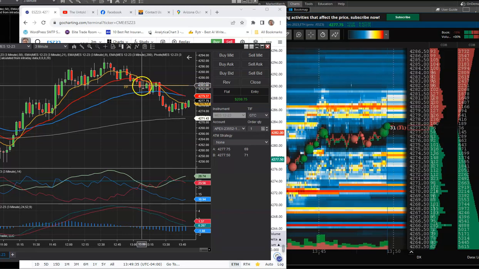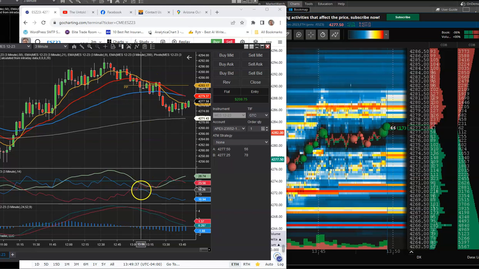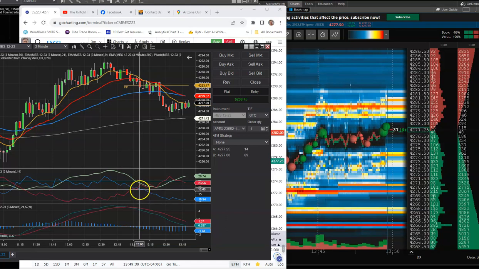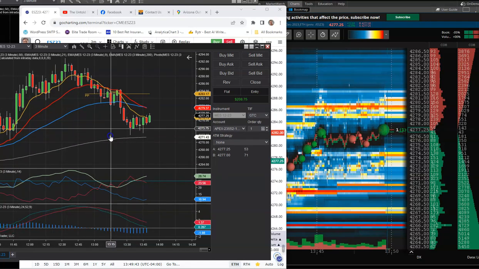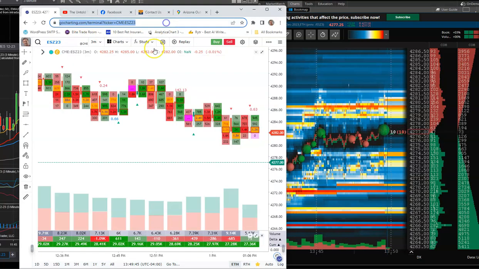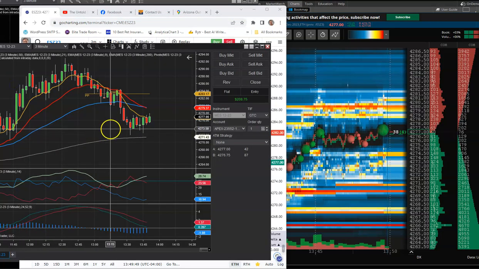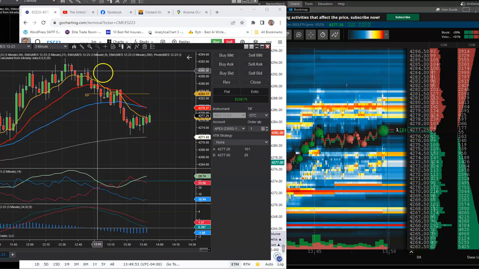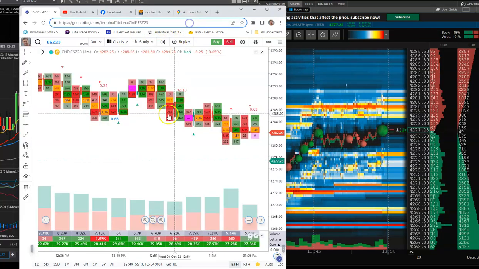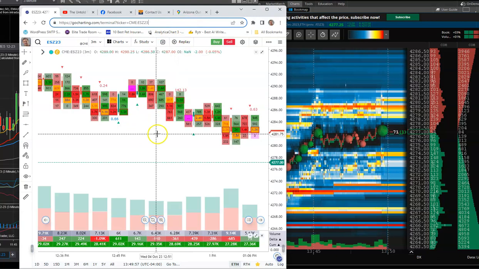And that was the crossover, though: the red crossing the blue, and this MACD had already crossed, and that's the signal I look for. And like I said, wait a minute, that time frame right there was, let's see, just after 1 o'clock. We'll go over here.